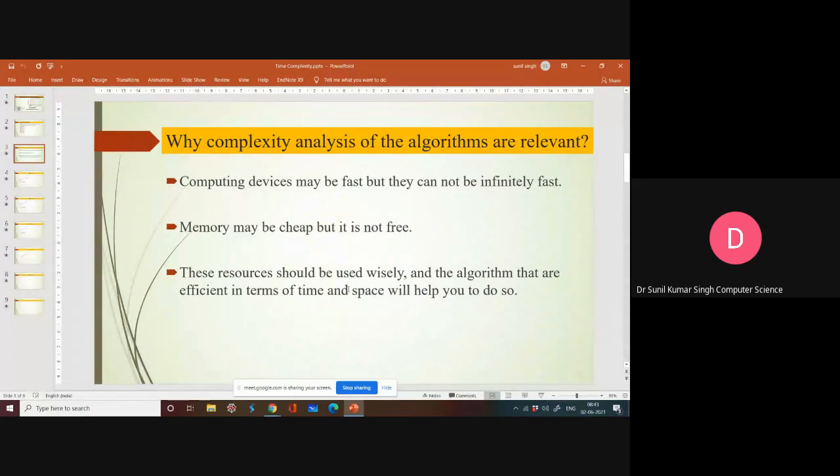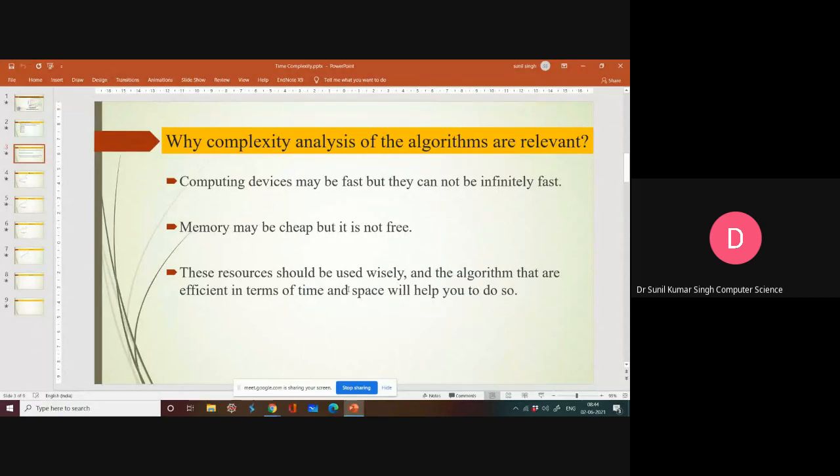When we analyze complexity in terms of computation, we call it time complexity. When we analyze the complexity of the algorithm in terms of storage, we call it space complexity. These resources, the computation power and the storage of the devices, should be used wisely.